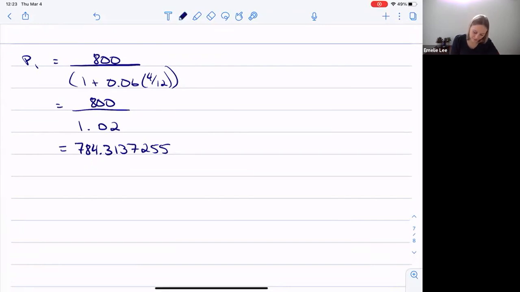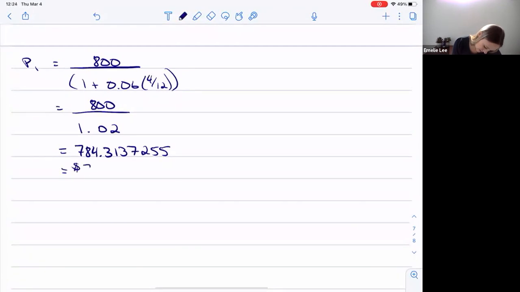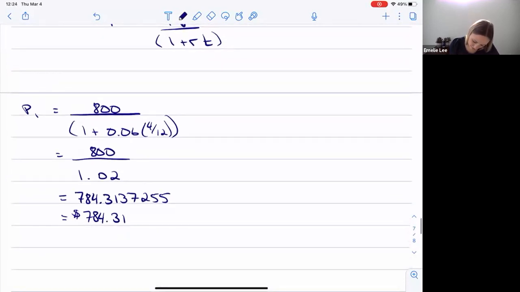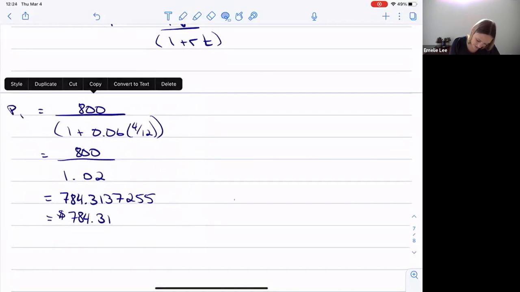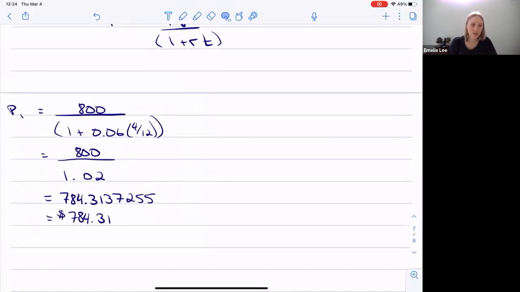And so in terms of money, we've got $784.31. And I'll try to be a hero here a little bit, and I'm going to just do these calculations side by side because otherwise it's a ton of scrolling.